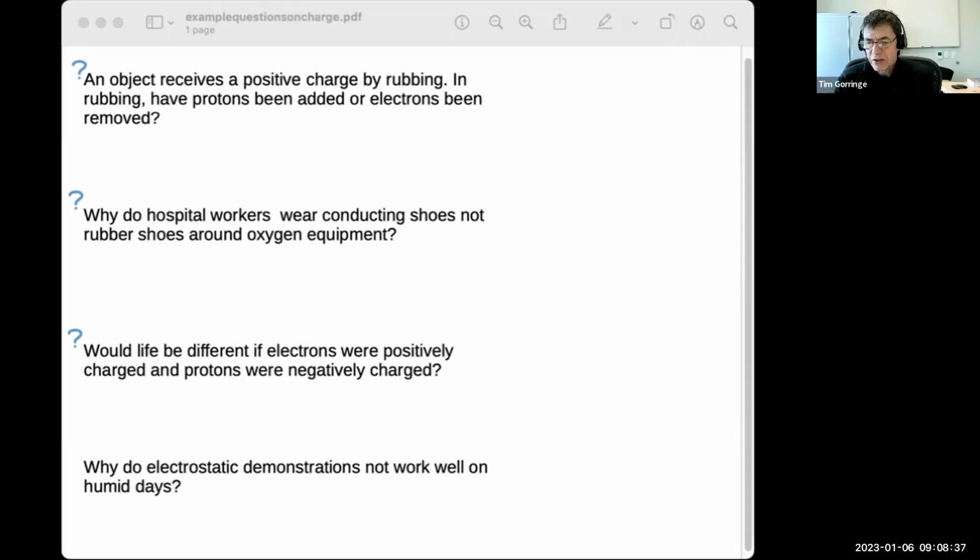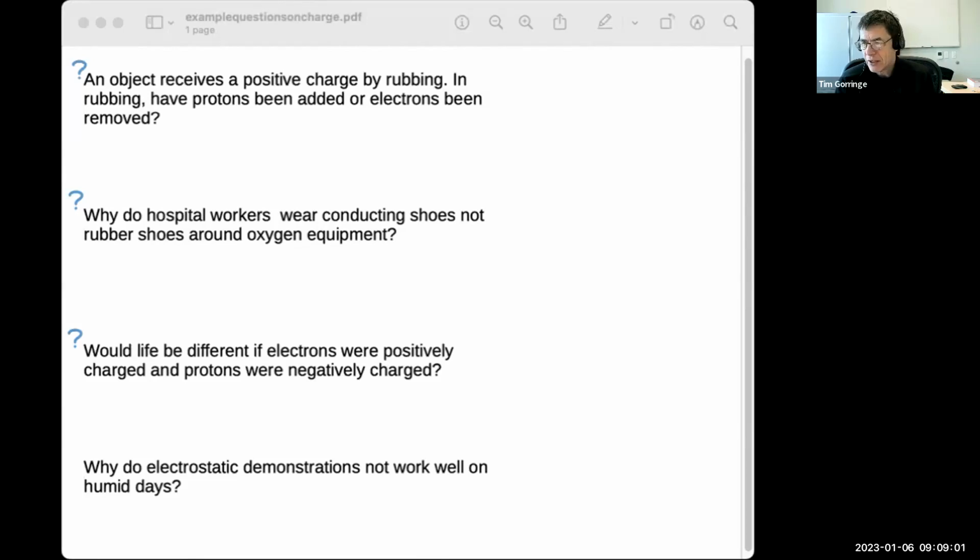Next question says, would the world be different if instead of electrons being negatively charged, they were positively charged. And also, if instead of protons being positively charged, they were negatively charged, i.e., if we swapped the signs of the charges of electrons and protons.